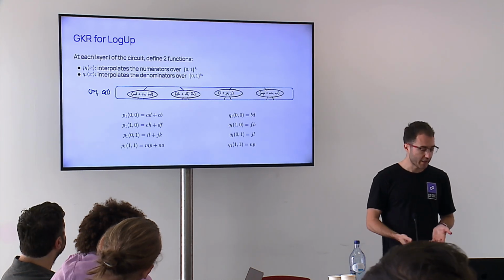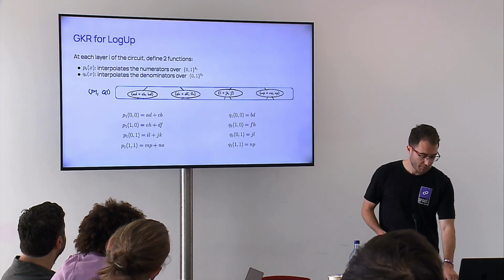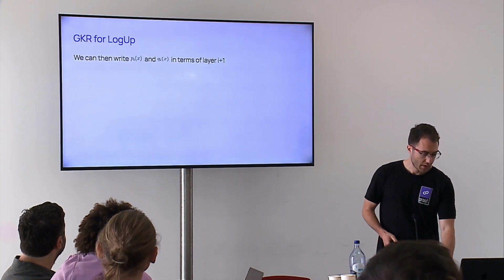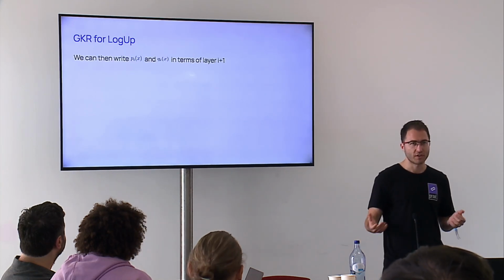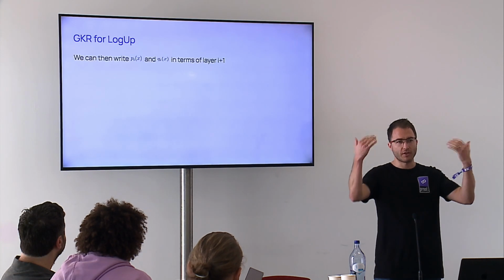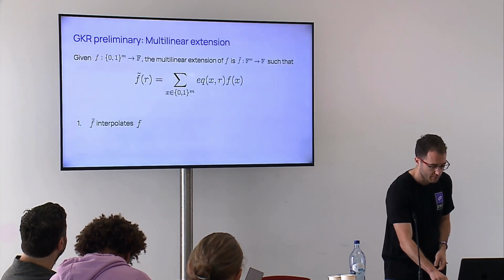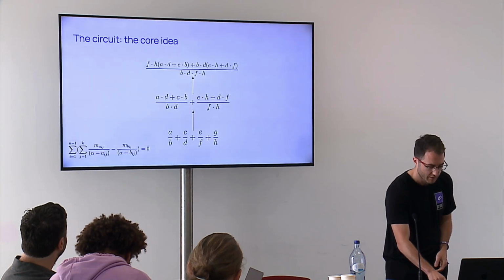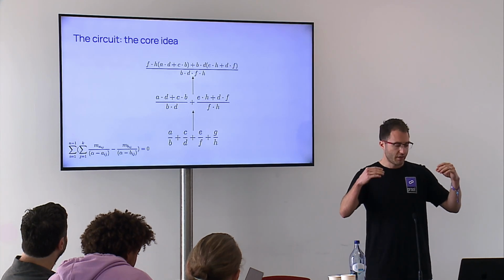And we do that for every layer. So if you remember, just by circuit construction, every layer is defined in terms of its previous one. Just to really make that point clear, here we had fractions.